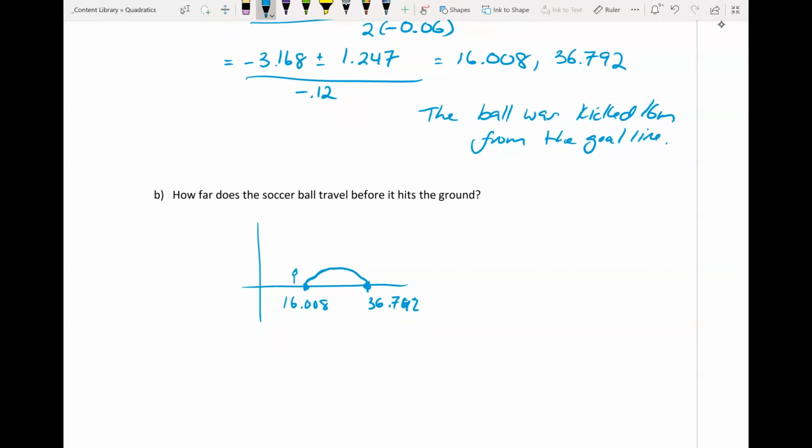The soccer ball has been kicked here, 16 meters away from the goal line, went through the air, and then landed back here at 36.79 meters away from the goal line. So if I want to find how far this soccer ball traveled in general, I'll take where it landed, subtract it with where it started. So that is the distance that our soccer ball has traveled.